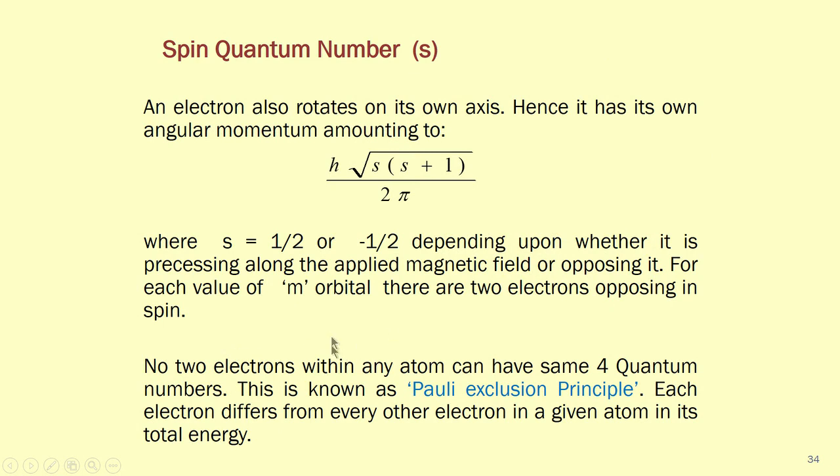So, no 2 electrons within an atom can have the same 4 quantum numbers. This is another rule that is known as the Pauli exclusion principle. This is a very important concept with respect to the arrangement of electrons.